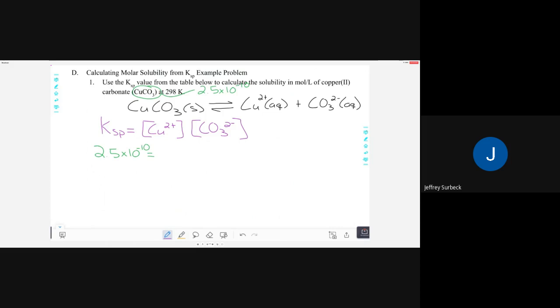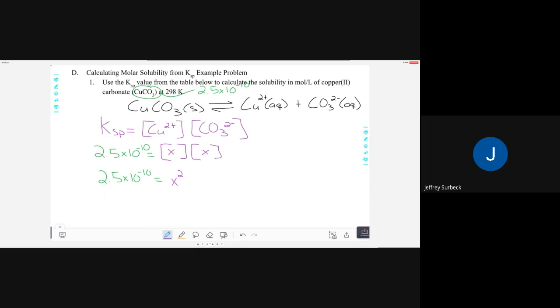So we're going to put our x times our x, and then x times x becomes what? Very good. So let's consolidate this. Let's say 2.5 times 10 to the negative 10 equals x squared. Now, how do you get x by itself? Square root.